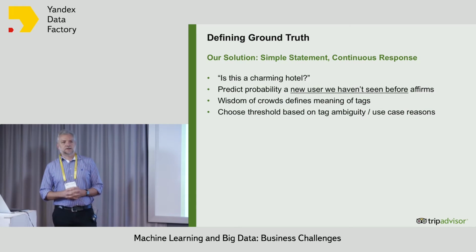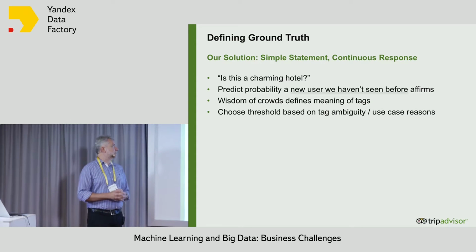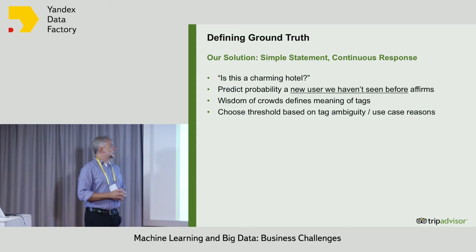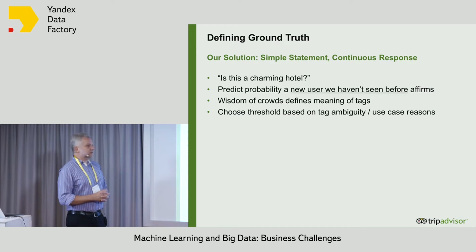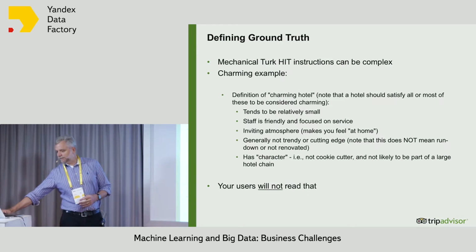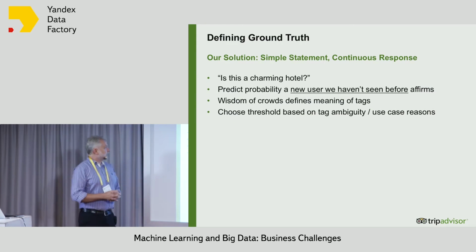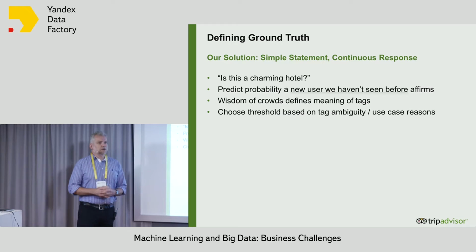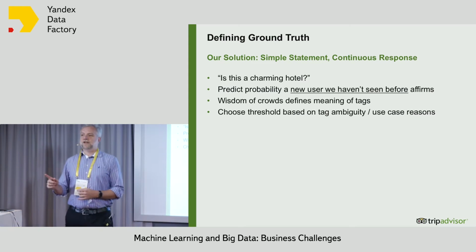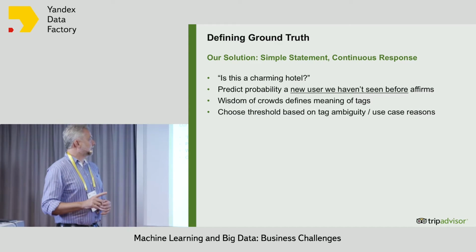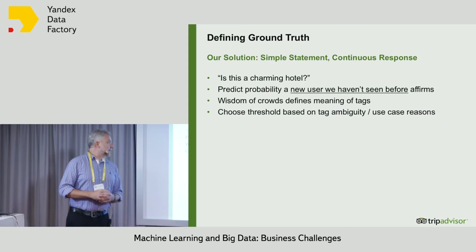When we collect tagging questions, we go for a very simple statement, and we want to predict a continuous response. So instead of this big mess that you see on the previous page, what we simply ask is: is this a charming hotel? And what we're trying to predict is the probability that a new user that we haven't seen yet affirms that, yes, it is a charming hotel.